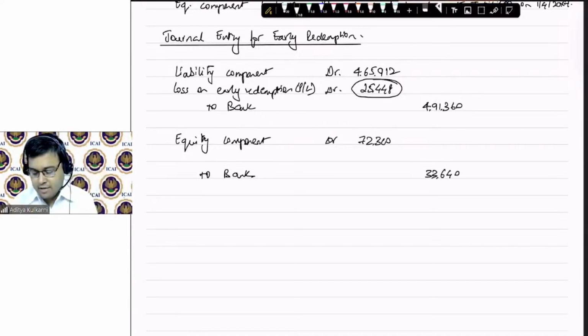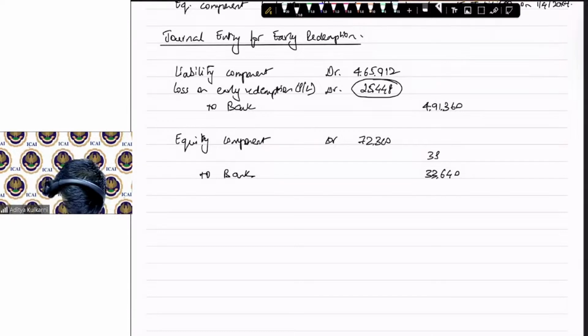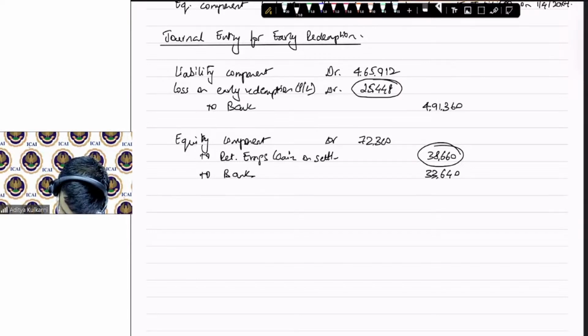So the difference comes to how much? 38,660, to retained earnings, gain on settlement.